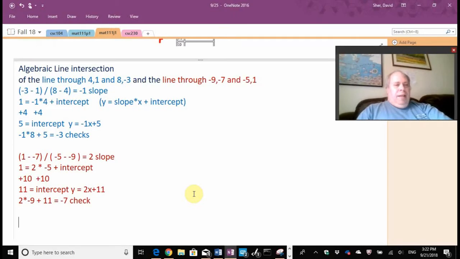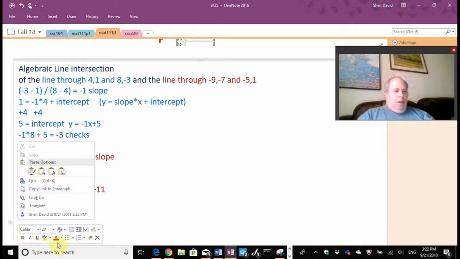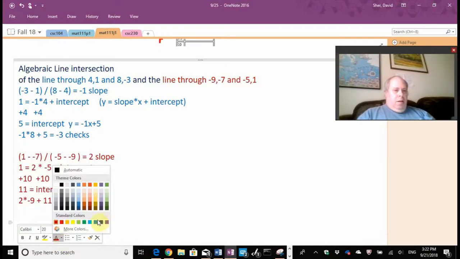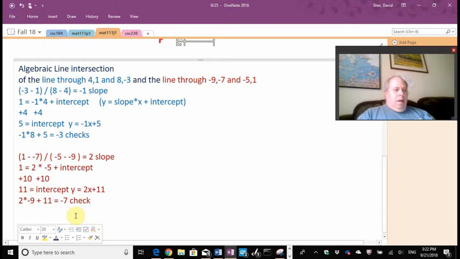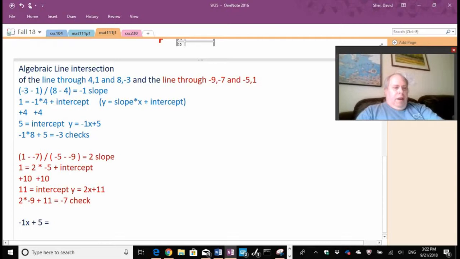Now I want to find what x makes both these y's equal. So I'll go to a neutral color. This one. And I'm going to say, for what value of x is negative 1x plus 5 equal to 2x plus 11.